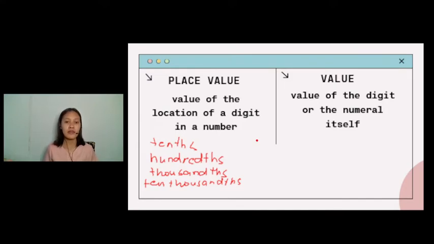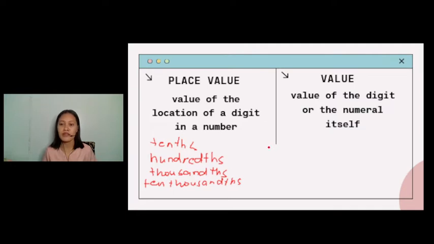Pero in decimal numbers, ang ating mga place value ends with THS. Meaning, kung if a fraction form natin siya, over power of 10 po yung gagamitin natin na denominator. Power of 10 or base 10 pa rin siya, pero paliit ng paliit yung kanyang value. When we say value, ayan nga, digit or the numeral itself. So, ano ba yung counterpart ni tenths sa value?